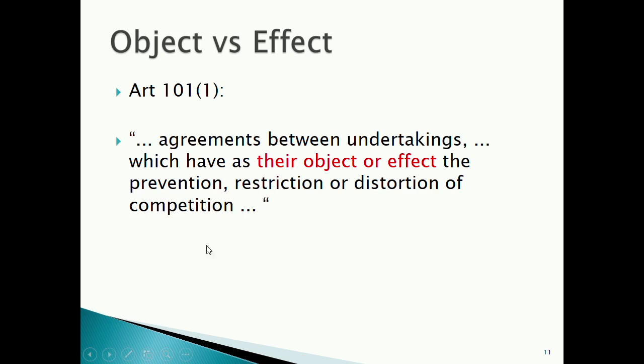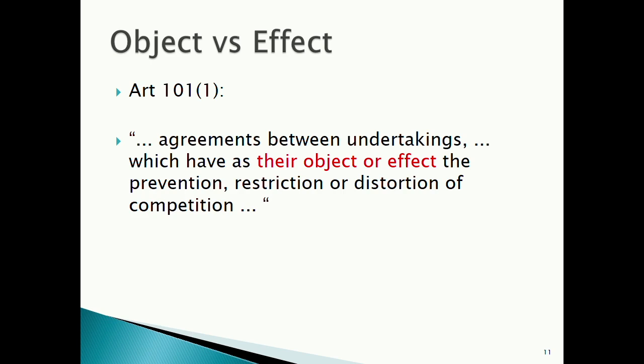The object-effect distinction. This is, I wouldn't say the most difficult, but it is a fundamental point of understanding Article 101, paragraph 1. Agreements between undertakings which have as their object or effect the prevention, restriction or distortion of competition are prohibited.